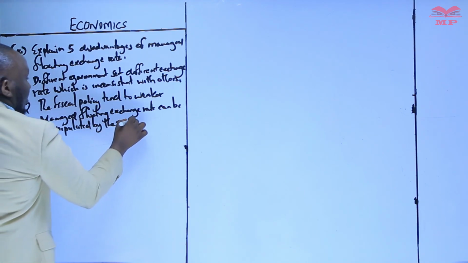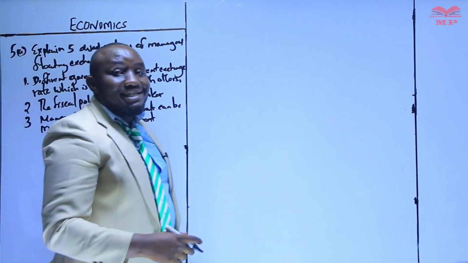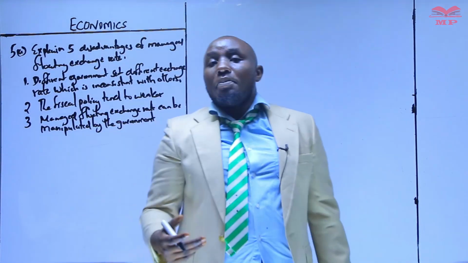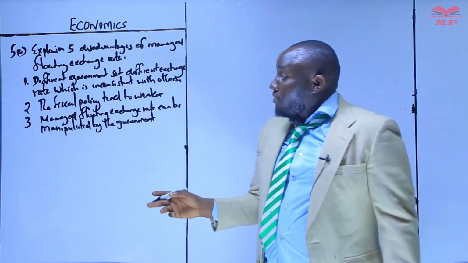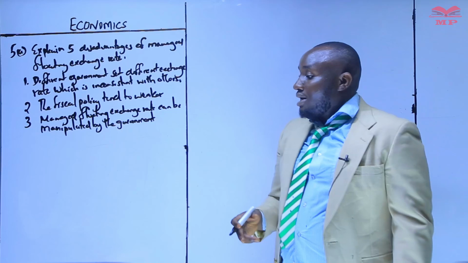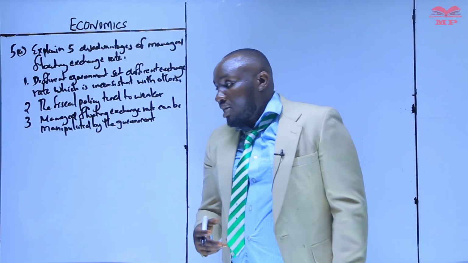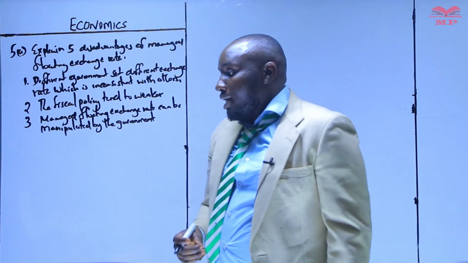It can easily be manipulated because the government is the one involved in managing that variation through the central bank, by buying and selling currency to maintain a certain range.